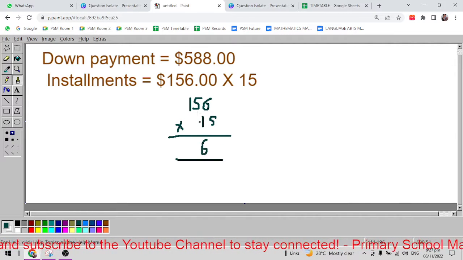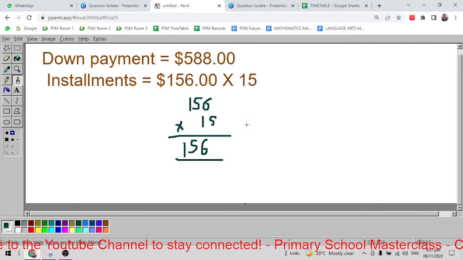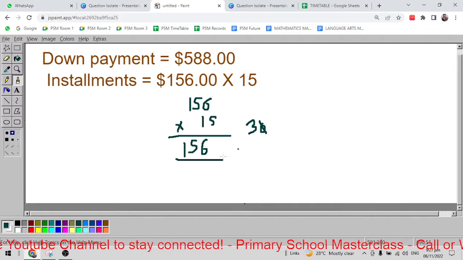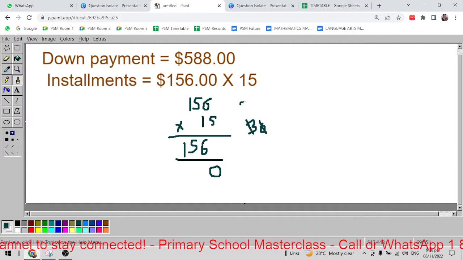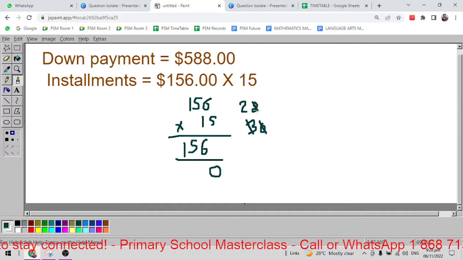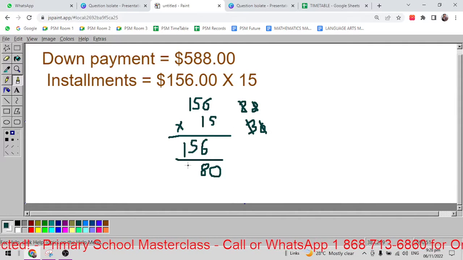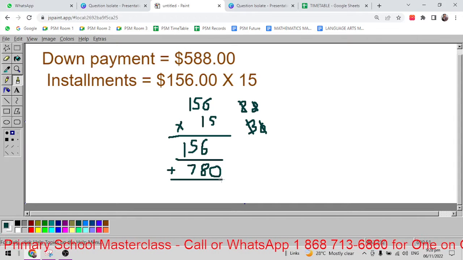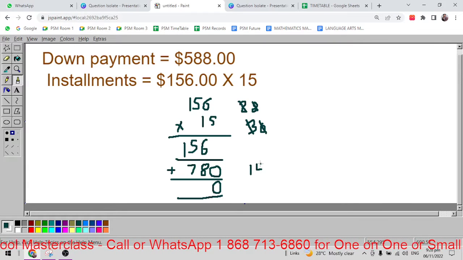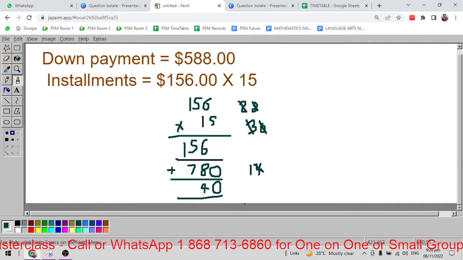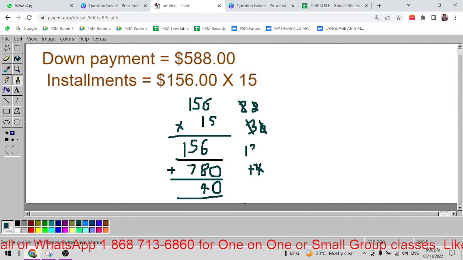Six by 1 is 6. 5 by 1 is 5. 1 by 1 is 1. 6 by 5 is 30. 5 by 5 is 25, and 3 would be 28. Put that 8 below there. 1 by 5 is 5 and 2 is 7. So it should be nothing and 0 is 0. 6 and 8 is 14. 5 plus 7 is 12 and 1 is 13.